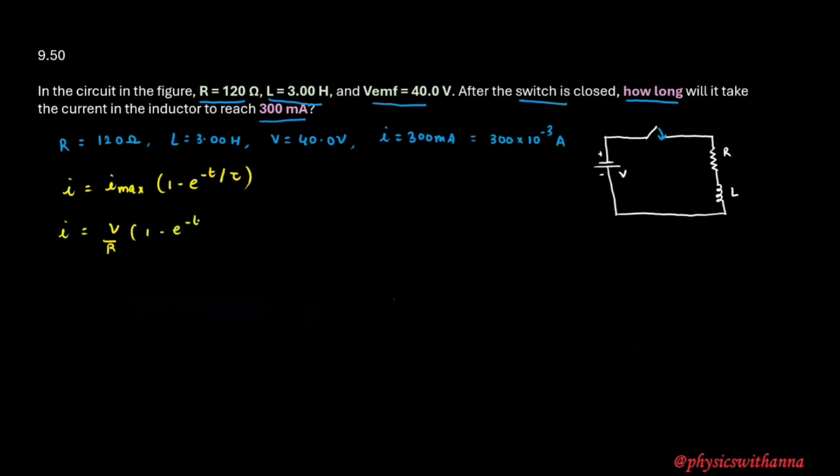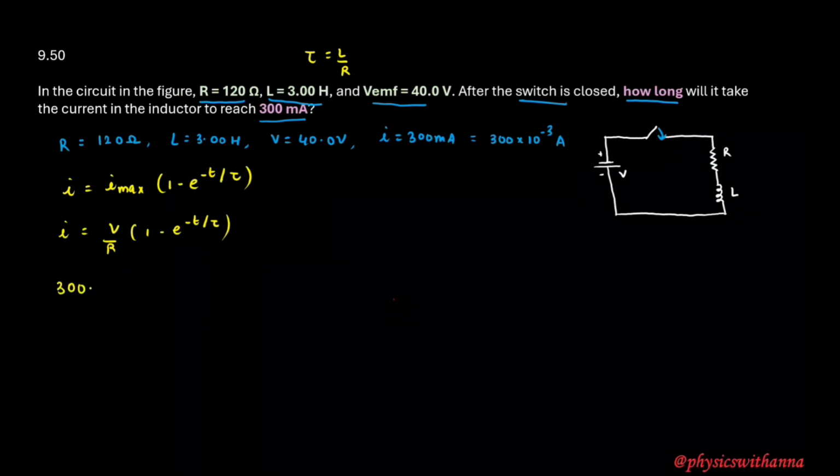Tau is the time constant which we can write as L over R, and t is the time we need to find at which the current will be 300 milliampere. So let's substitute for I, V and R. I is 300 milliampere, so 300 times 10 to the power negative 3. V is 40, R is 120, times 1 minus e to the power negative t by tau.